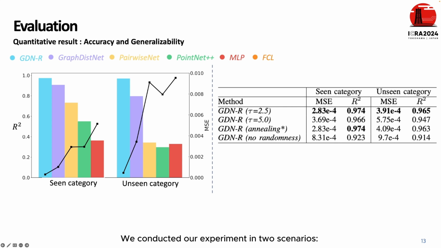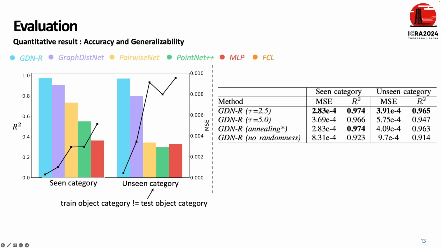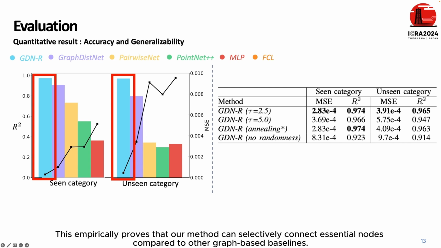We conducted our experiment in 2 scenarios: seen category and unseen category, which can prove the generalizability of each method. We can find that GDNR outperforms baselines in both scenarios. This empirically proves that our method can selectively connect essential nodes compared to other graph-based baselines.